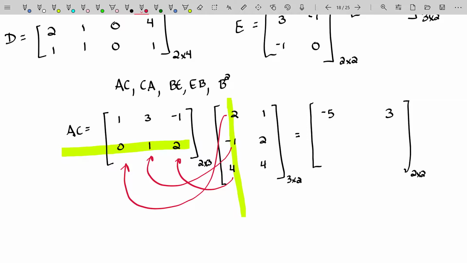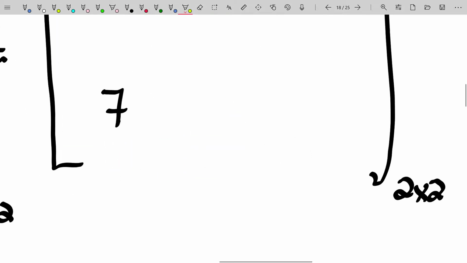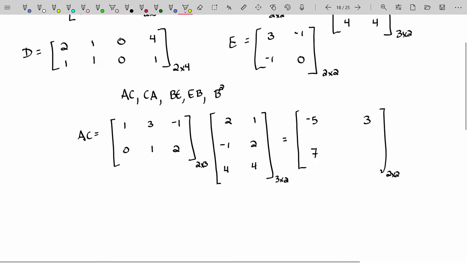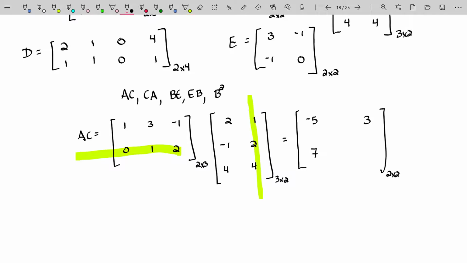That's 0 minus 1, which is negative 1, plus 8, which is 7. And finally, getting that entry in row 2, column 2, I'll highlight row 2, column 2, and do the scalar product or the dot product. And that's just going to be 0 plus 2, which is 2, plus 8, which is 10.